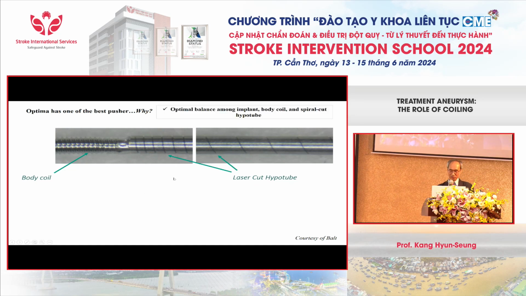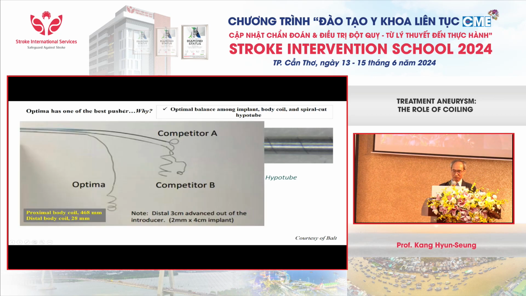Those features give the optimal pusher, providing a very good balance among the implant, body coil, and spiral cut hypotube. When you put the coil out of the sheath, compared to other coils, we can see the coil part and pusher part separately. But when you look at the Optima coil, the distal pusher is almost like coil. It's very flexible.